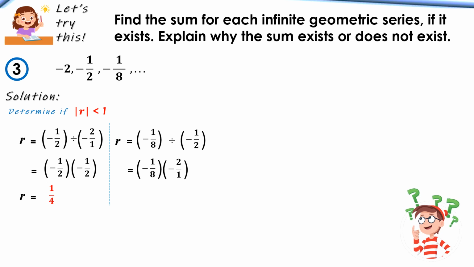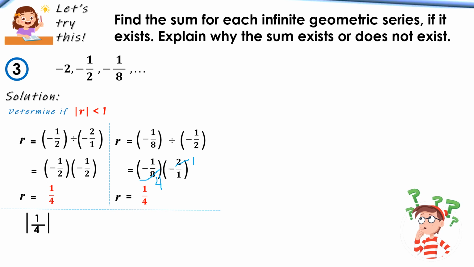So, ang ating 8 saka ang ating 2 ay pwedeng i-cancel. So, that becomes 1. Ito ay magiging 4. Okay? So, now we have the ratio is equal to 1/4. So, ang ating common ratio ay 1/4.